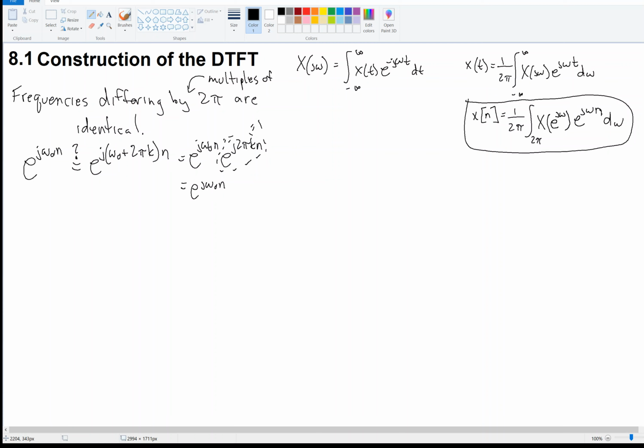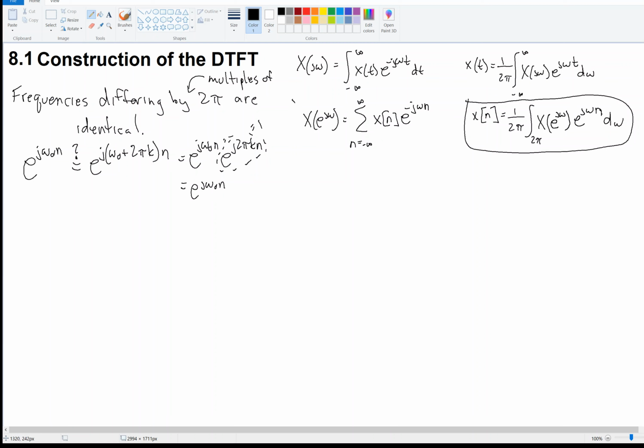So now how do we get that Fourier transform? So x of e to the j omega is equal to, well, this won't be a surprise to you, x of t becomes x of n. Okay, and an integral over t becomes a sum over n, and we're going to go from minus infinity to infinity, and then we have e to the minus j omega n, like this.